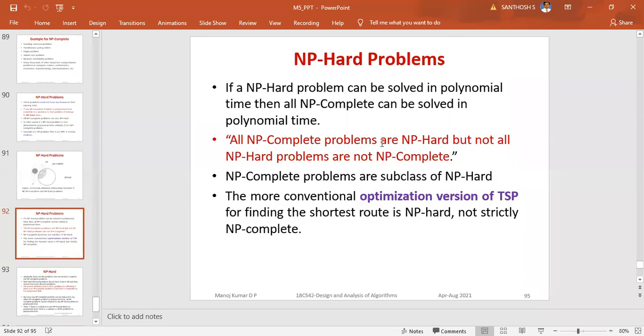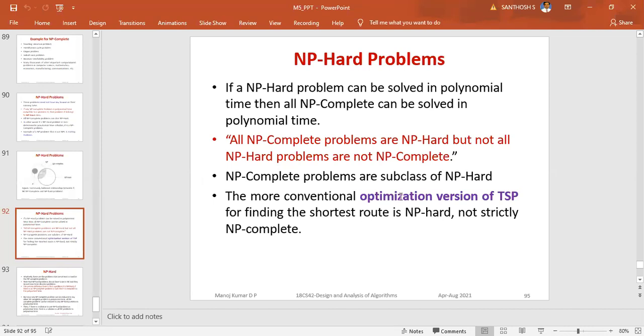All NP-complete problems are NP-hard, as NP-hard is derived from NP. But not all NP-hard problems are NP-complete. So NP-complete problems are a subclass, a subset, of NP-hard.